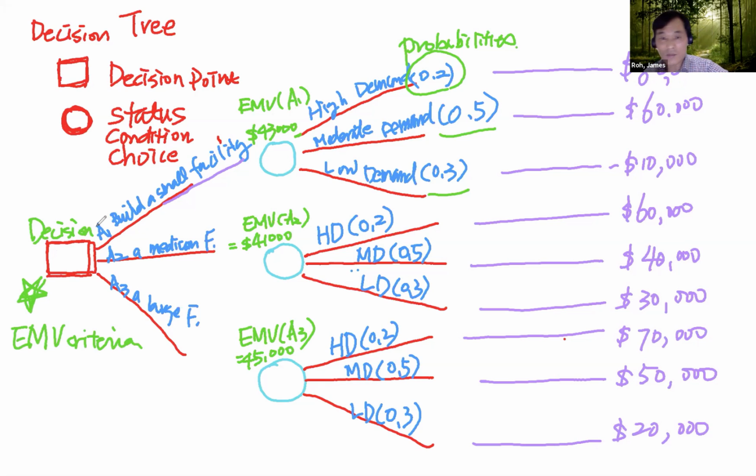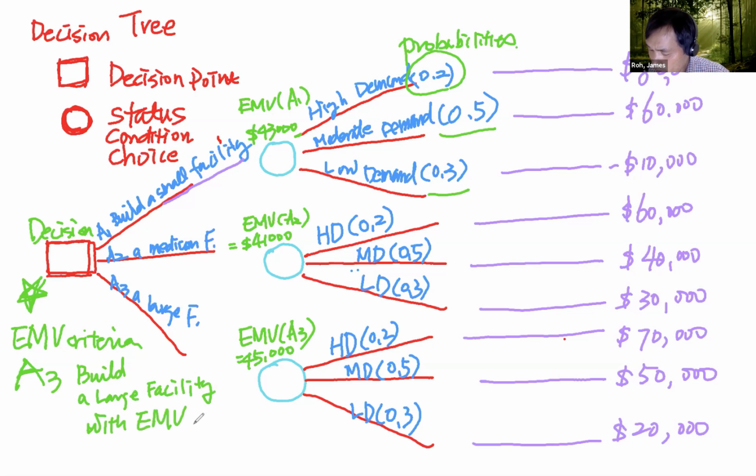And you say, yep, if I go for EMV, the answer is alternative 3, build a large facility with EMV being $45,000, right? This is going to be your answer.